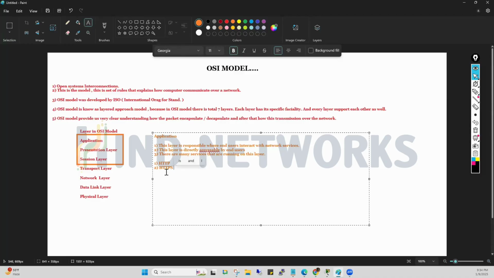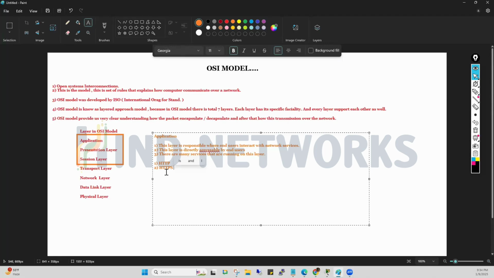What is this? HTTP means Hypertext Transfer Protocol. What is the use of HTTP and HTTPS? By the help of HTTP and HTTPS, we are taking the access of our browser. Right now, we are taking the access of our browser.